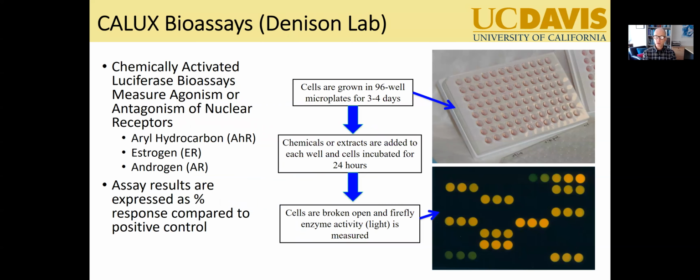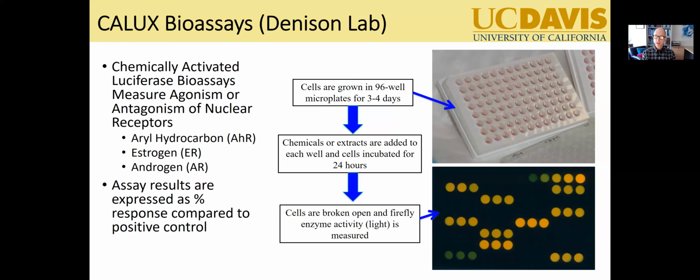So a brief 2 slides about the bioassays that we're going to be talking about. The first set of bioassays are referred to as chemically activated luciferase bioassays. They're done in something like a 96-well microplate, and you've got cells in those microplates that have either aryl hydrocarbon receptor, estrogen receptor, or androgen receptor.